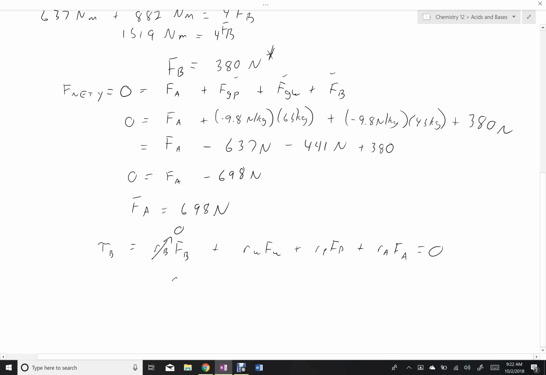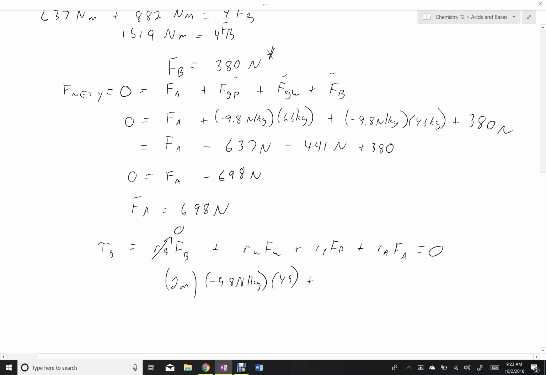So R wood is going to be 2 meters times negative 9.8 newtons per kilogram times 45, plus R of the person.